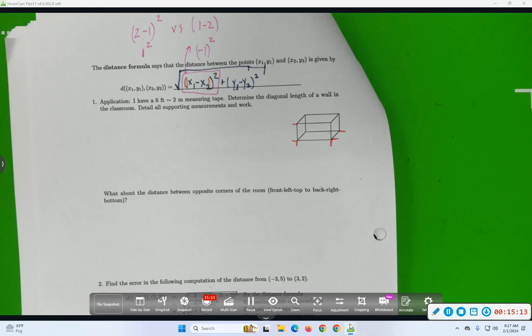24 feet, what is it? 17 times 8, about 96 inches, divided by 12 squared. You could probably round that to 0.77.